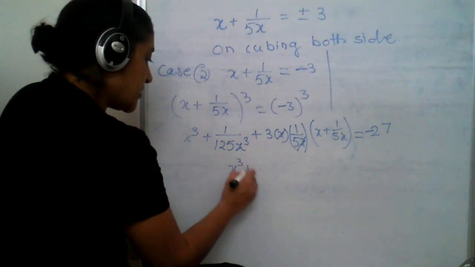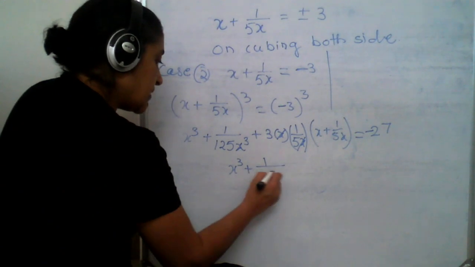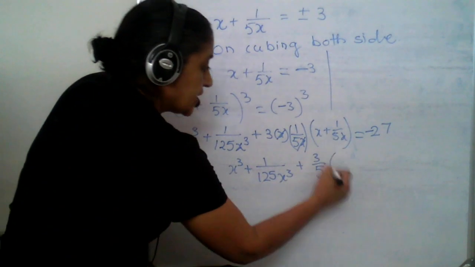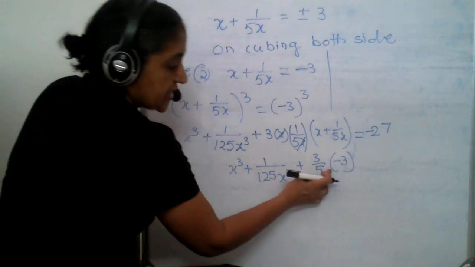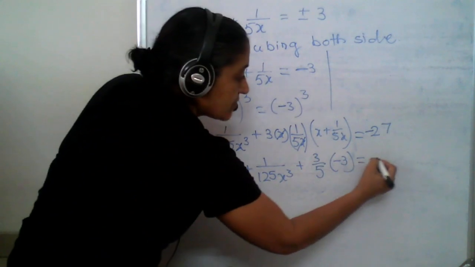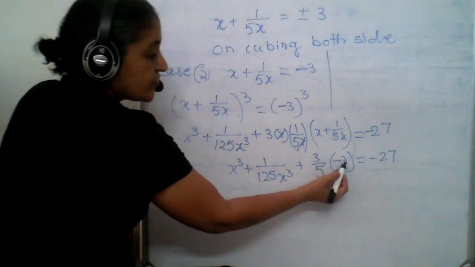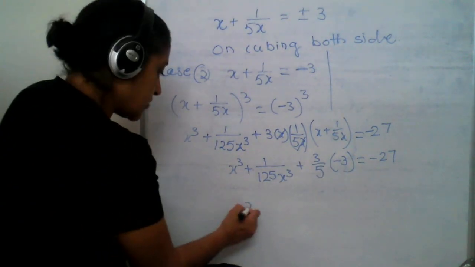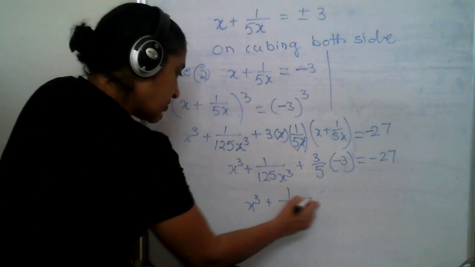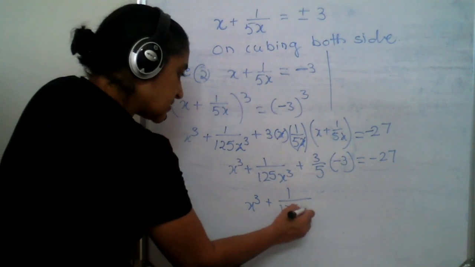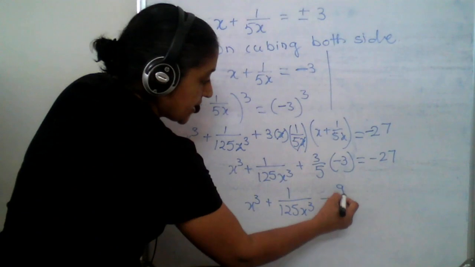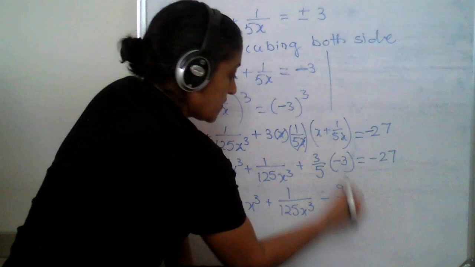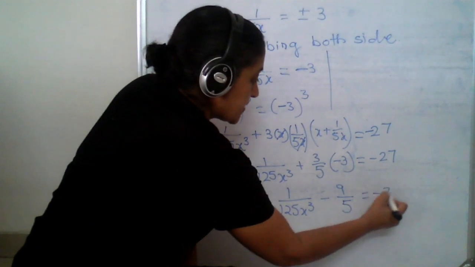So x³ + 1/(125x³) plus 3 by 5 into negative 3. This is a multiplication. Whenever I have a bracket, it means multiplication. So multiplication of negative 3 and positive 3 will be negative. 3 3s are 9. So x³ + 1/(125x³) minus 9 by 5 is equal to minus 27.